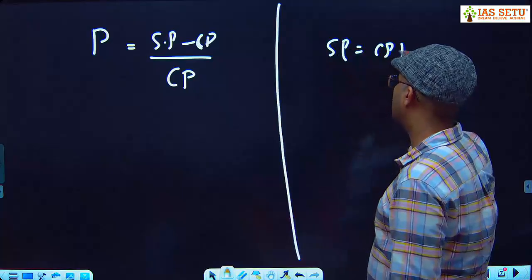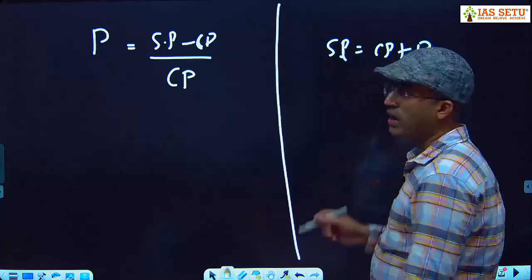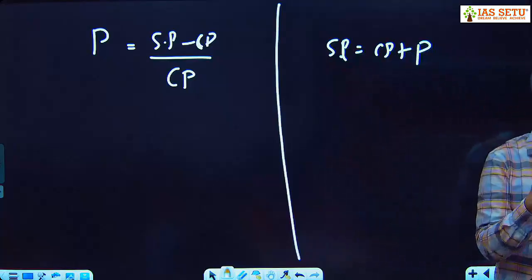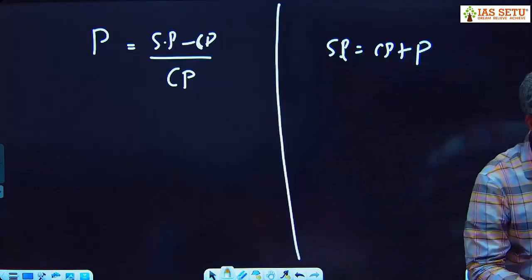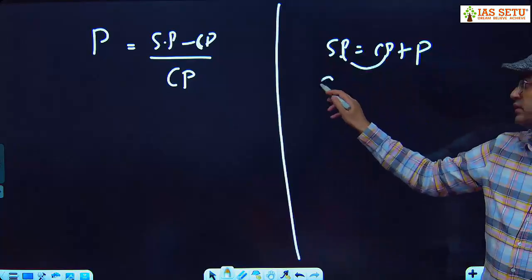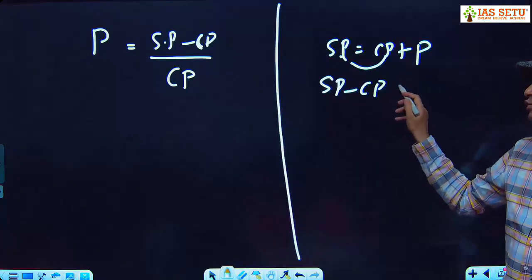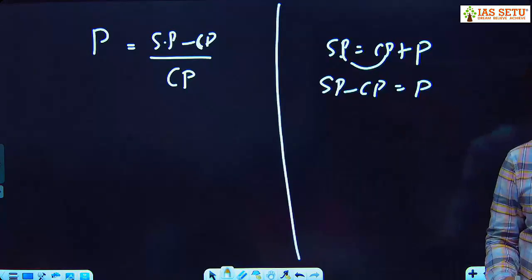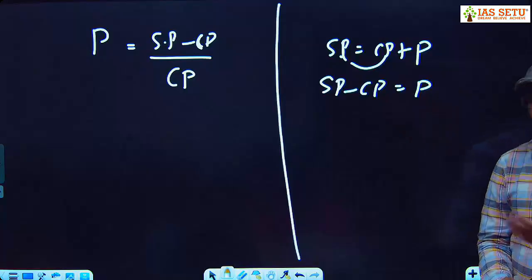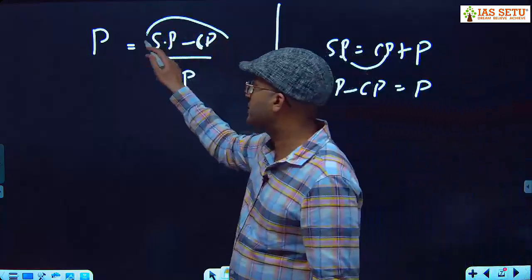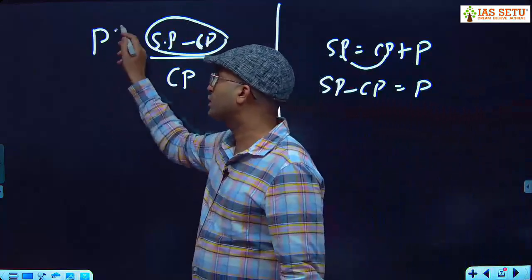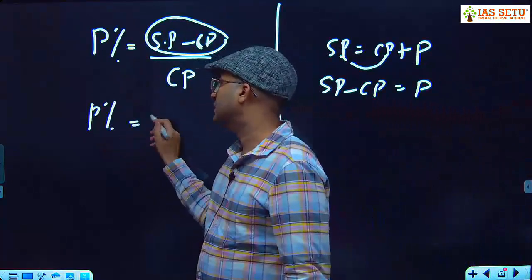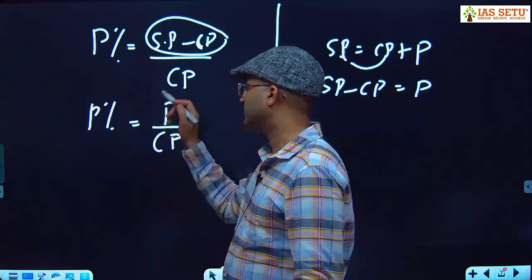Cost price plus profit. मान लो ये मार्कर मैंने 100 रुपए का खरीदा, 20 रुपए प्रॉफिट है, तो सेलिंग प्राइस 120. Take cost price other side. So what is selling price minus cost price? P. So the difference of selling price and cost price is your profit. So can I replace it with P? Yes. So you can say profit percentage is nothing but P upon CP.